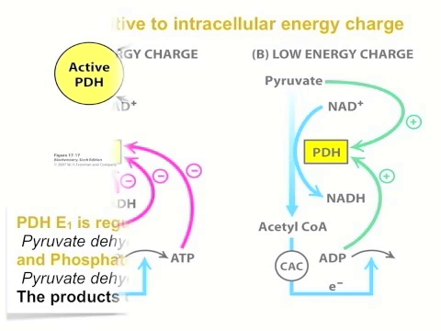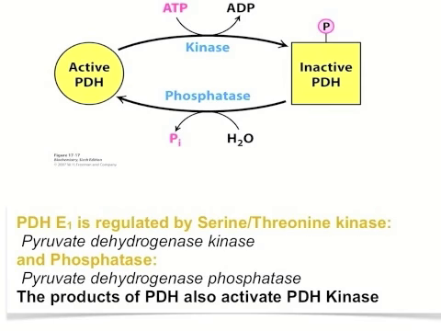dehydrogenase to activate it. Pyruvate dehydrogenase, enzyme 1, is also regulated by covalent modification through a kinase that phosphorylates serine residues. And so, when pyruvate dehydrogenase is phosphorylated, it is downregulated. When pyruvate dehydrogenase is dephosphorylated, it's more active, and there is a phosphatase that removes the phosphate to upregulate pyruvate dehydrogenase's activity.